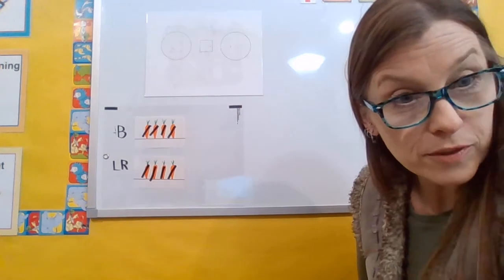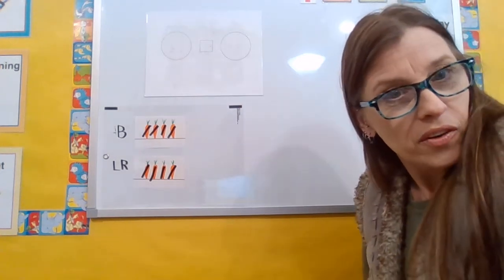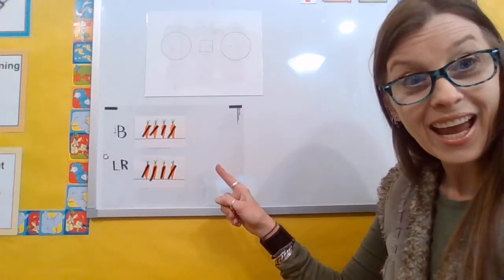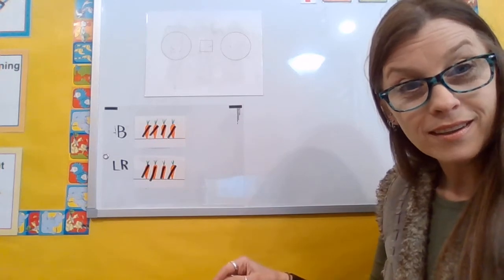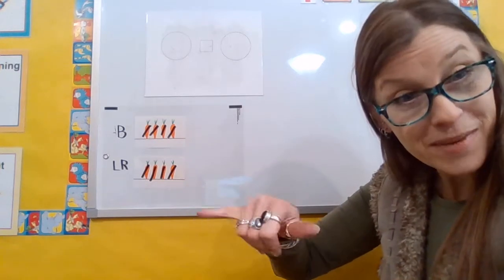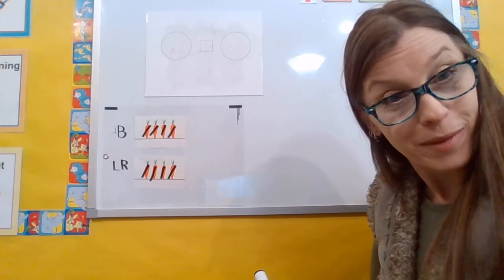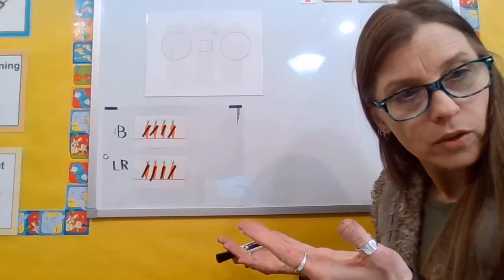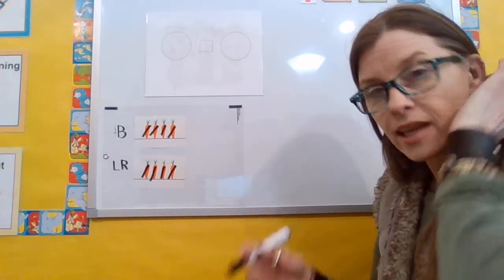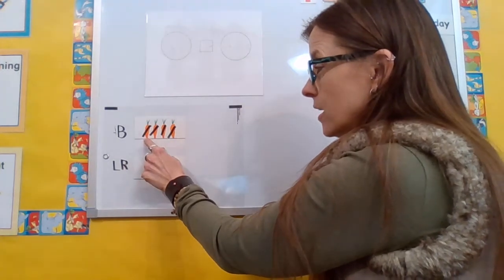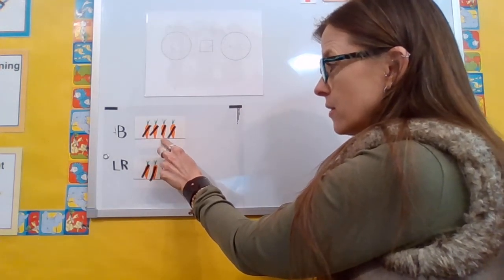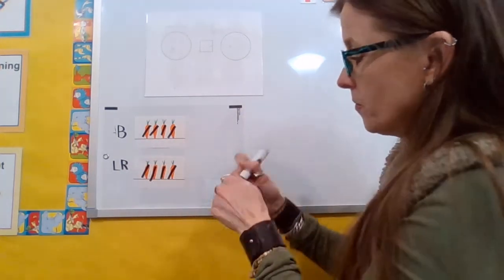We don't have any left over. If there are none left over, then they have the same. Yes, that's the same. What's another way we could write that? Let's count and find out. 1, 2, 3, 4.